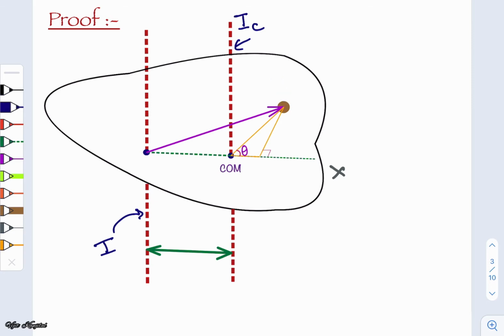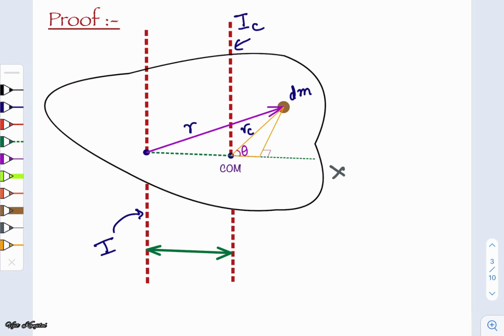Let us call this small elemental mass dm. Let us call this distance r, and let us call this length, the distance from the center of mass to the elemental point mass, rc.